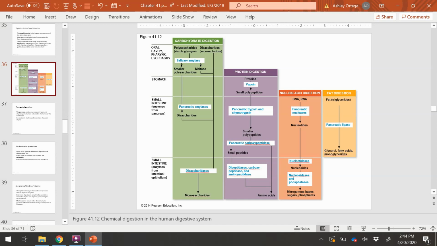And so at the small intestine stage, you can see enzymes from the pancreas and then enzymes from the intestinal epithelium. So that's from the small intestine cells themselves, what kind of enzymes they secrete that help break apart the food. You can see there are a lot of enzymes secreted from the pancreas that will break apart all 4 types of macromolecules.